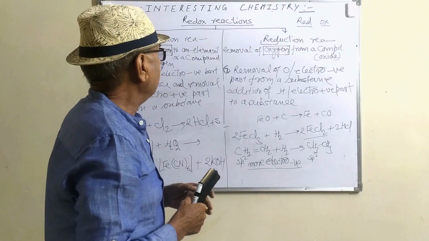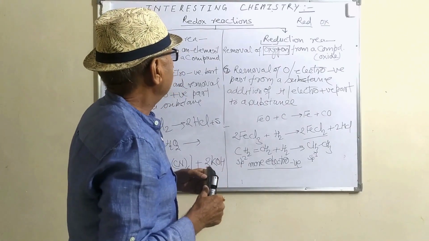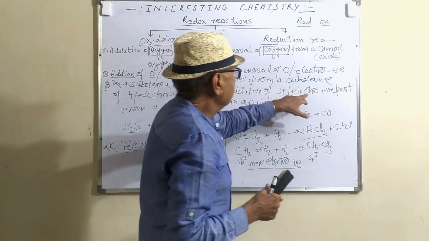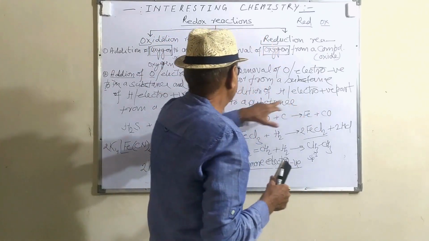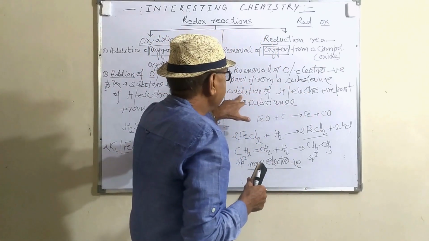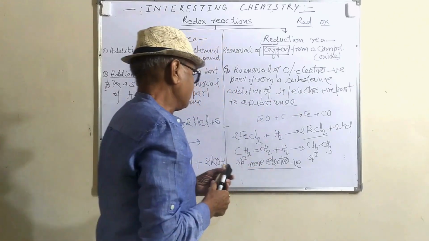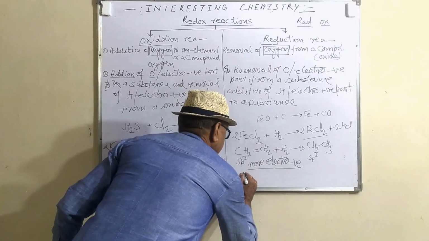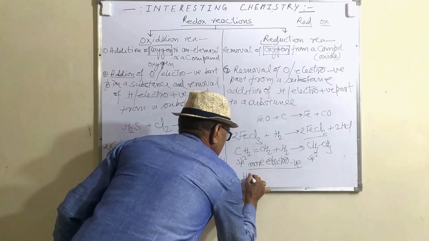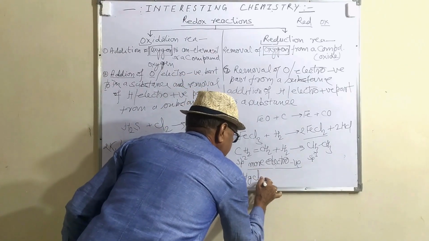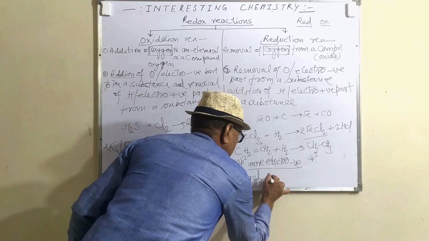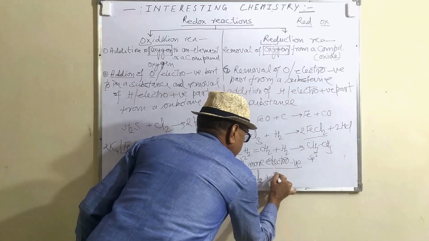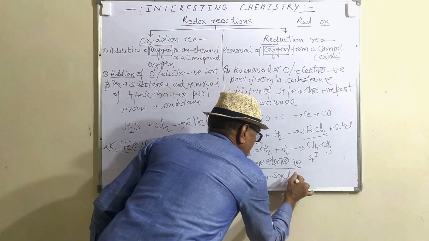Now again I come to the reaction with the addition of the electropositive part. You can take this example here: HgCl2. I will discuss HgCl2 plus SnCl2 especially.